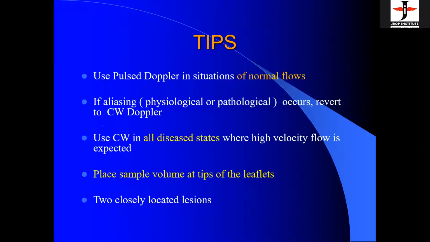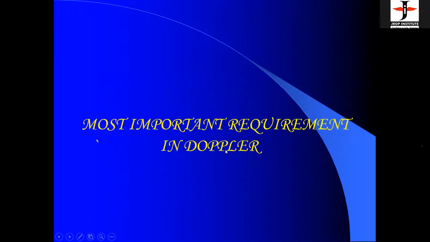So, for example, if you want to see the mitral valve, the tip of the mitral valve leaflets, or the aortic valve, the tip of the leaflets. And so, this is the summary of what we have talked about till now, and this will be an important thing: when to use pulse Doppler, when to use the CW, where to put your sample volume, and how to remove the aliasing.